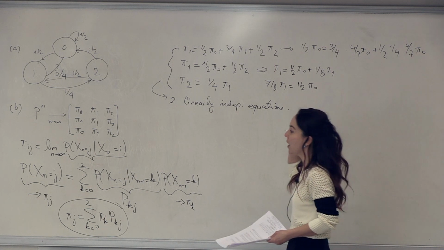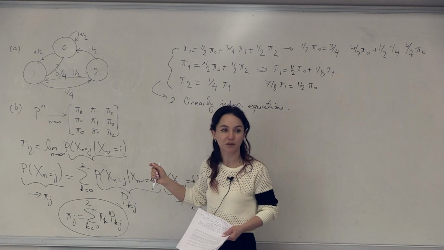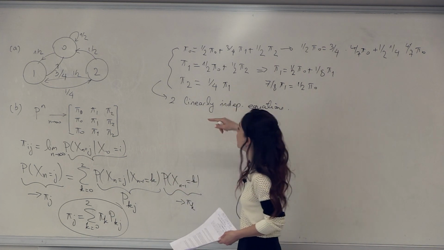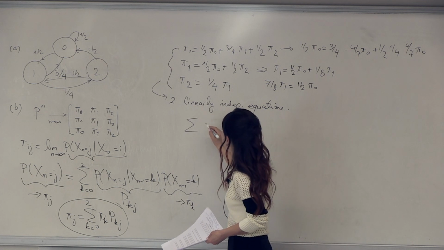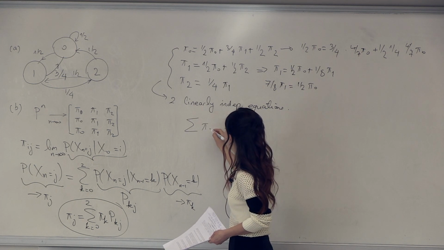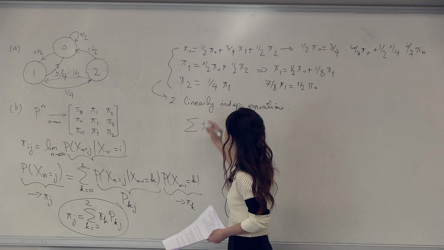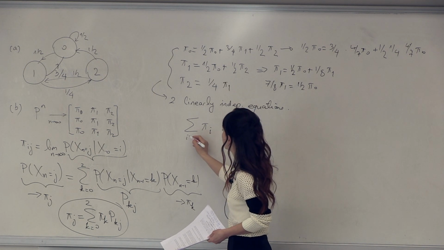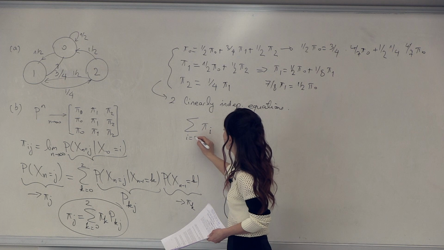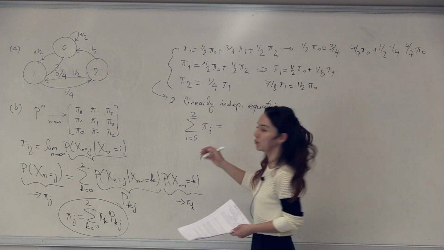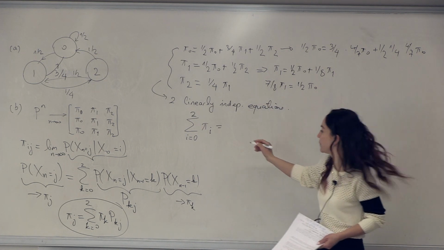However, I'm looking for a probability vector. Then I'm looking for the vector pi that satisfies this set of equations and also whose entries add to 1.